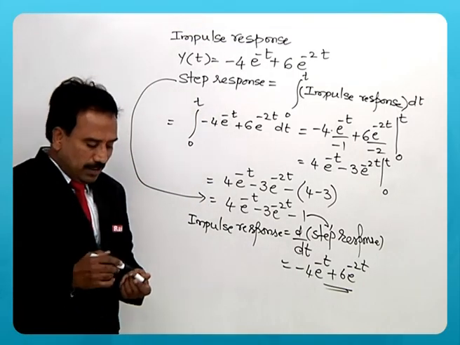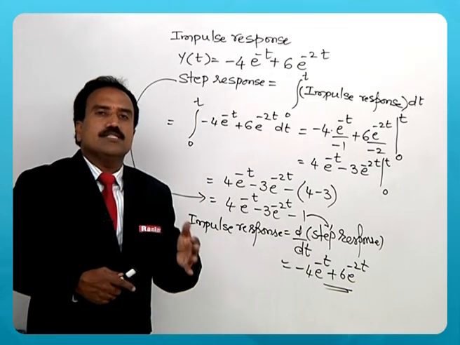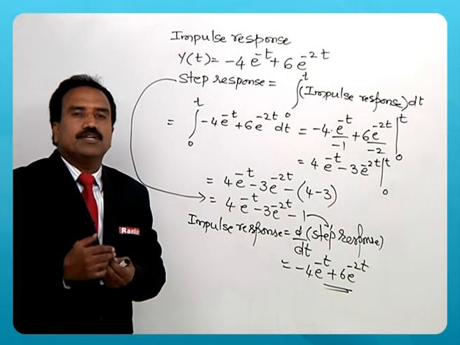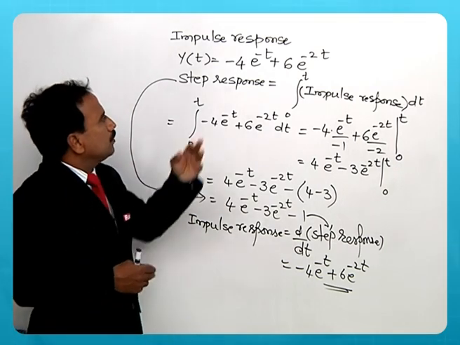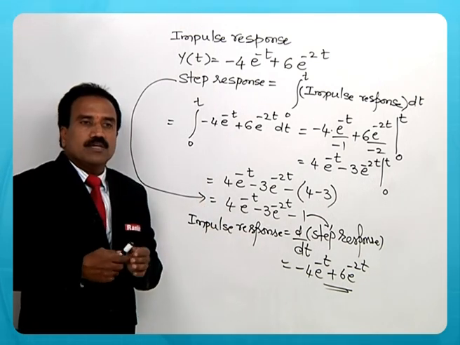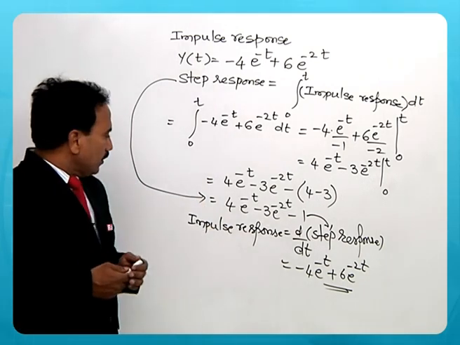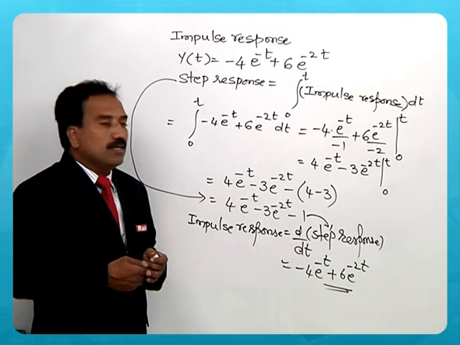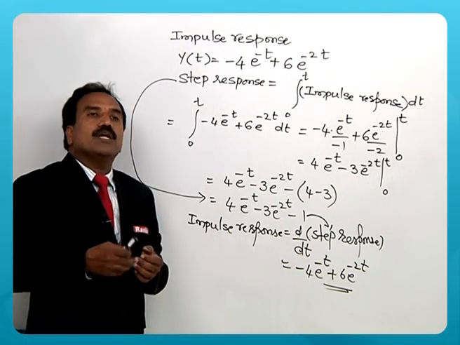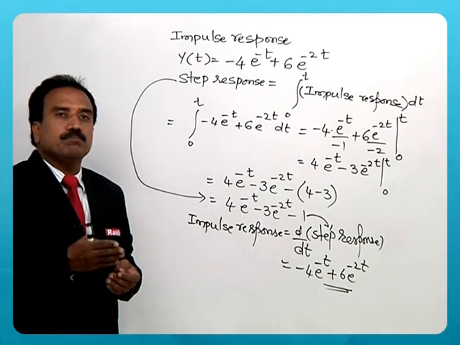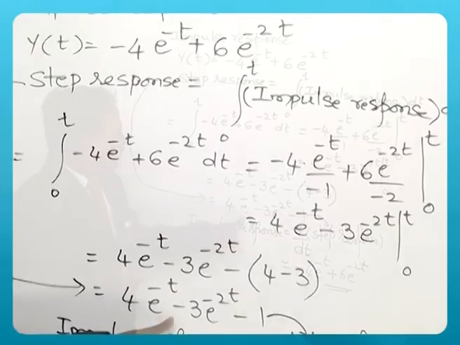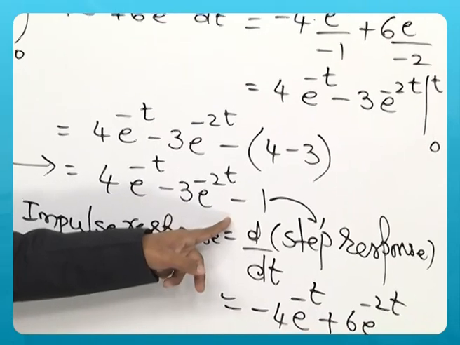So that is the advantage of these signals. There exists a relation between all 4 standard test signals. If you know the response, you can find out the response for some other system. So this kind of problem will appear like this. If you are asked to find out the ramp response for a ramp input when the unit step response is given, you need to integrate that.